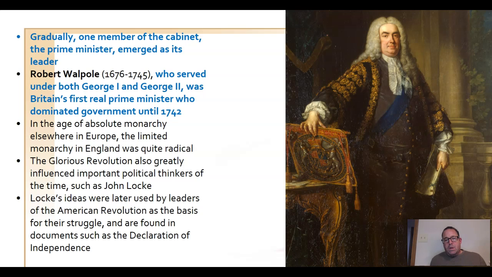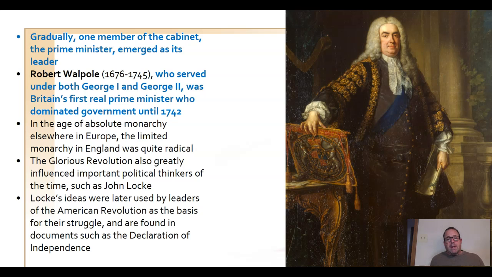Okay, and so Robert Walpole is the very first Prime Minister to serve in England. The Prime Minister would be the equivalent of the American president. He is sort of the lead executive, but he is selected, or she can be she. That person, the Prime Minister, is selected from the Parliament.